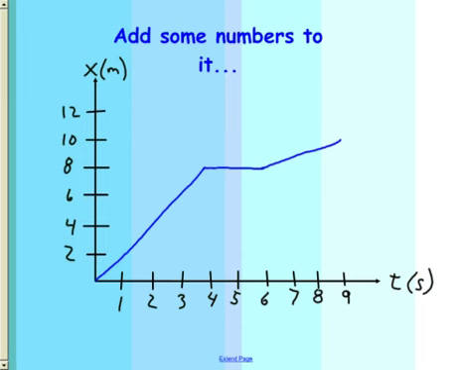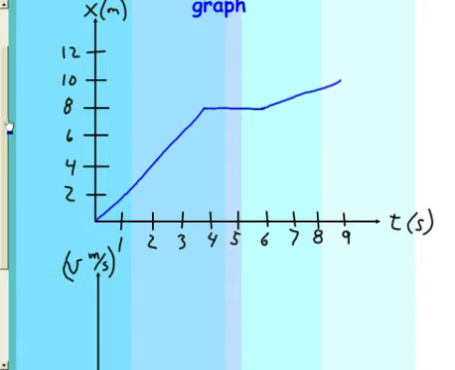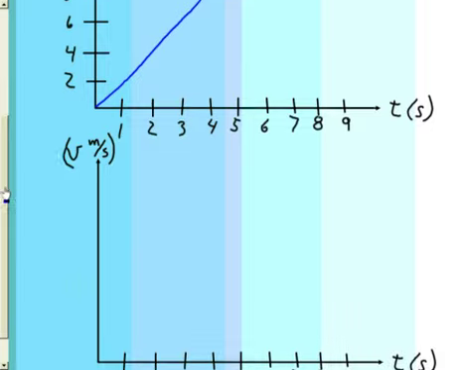Alrighty. So the trick here is we're going to try to turn this graph into a velocity graph. Now what I want you to do is make a velocity versus time graph directly underneath this graph. So it's going to look something like this. I just went to the next slide and added down here a velocity graph.